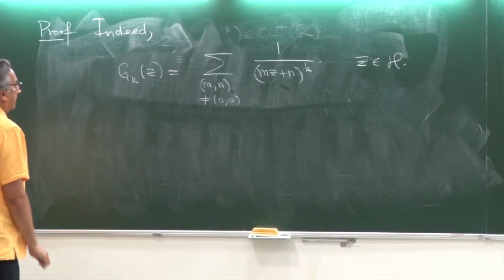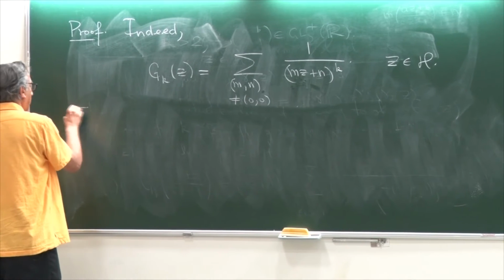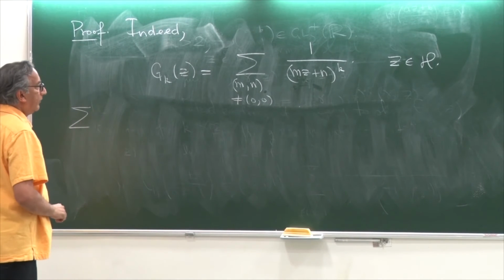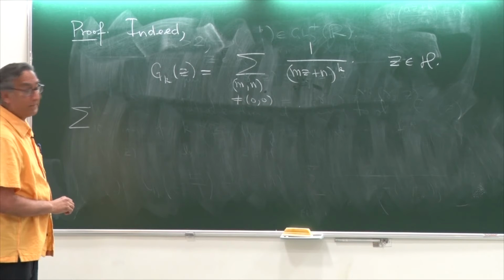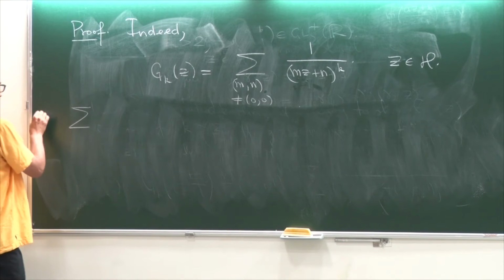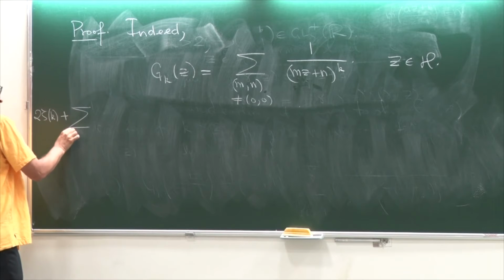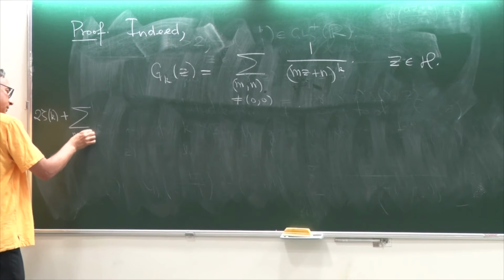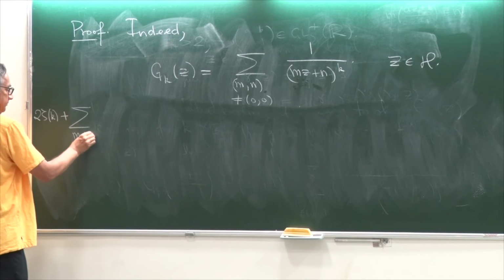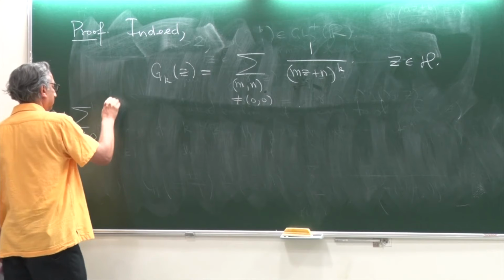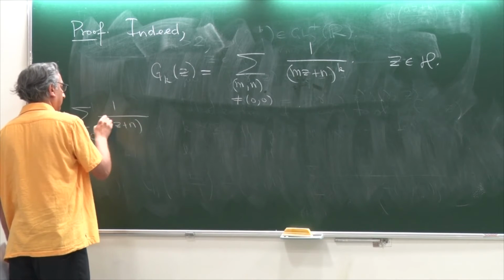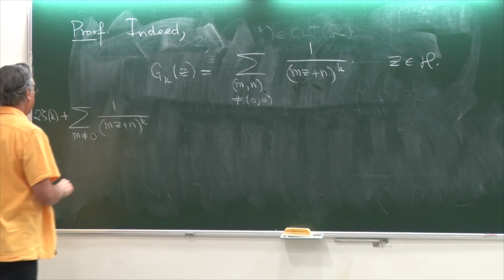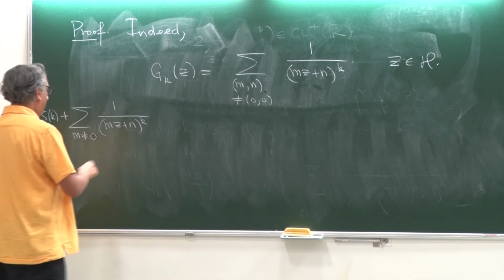We have this, and so you can start off by first removing the m equals 0 term from the picture. When we do that, you end up getting 2 zeta k, plus the sum over m not equal to 0. Like so. And now I want to analyze this.